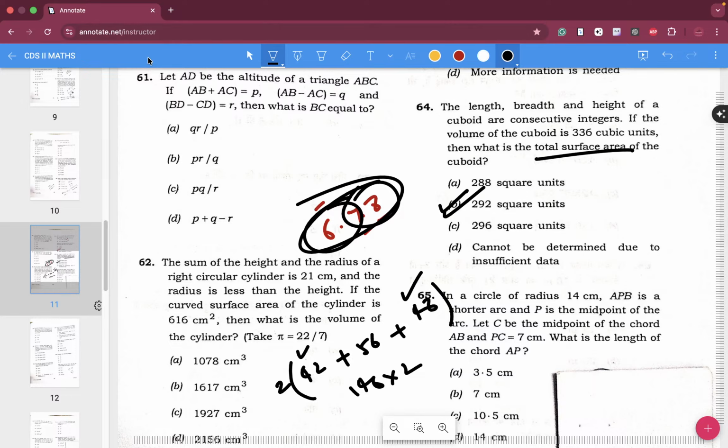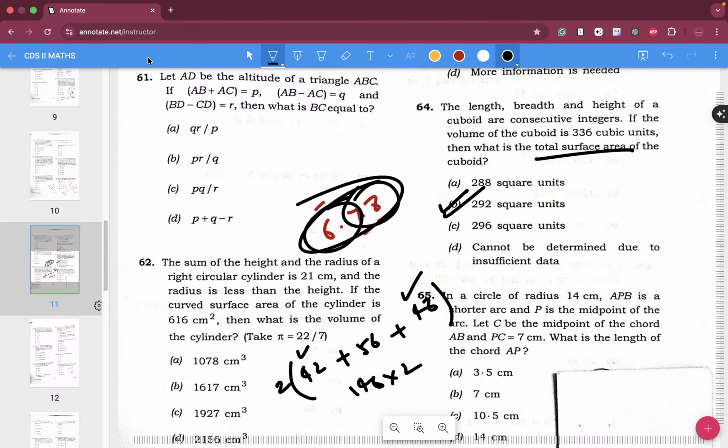Answer is B. The answer is not 'cannot be determined'. It can be determined. We can determine it, folks. So this is what is going to be the answer to this question.